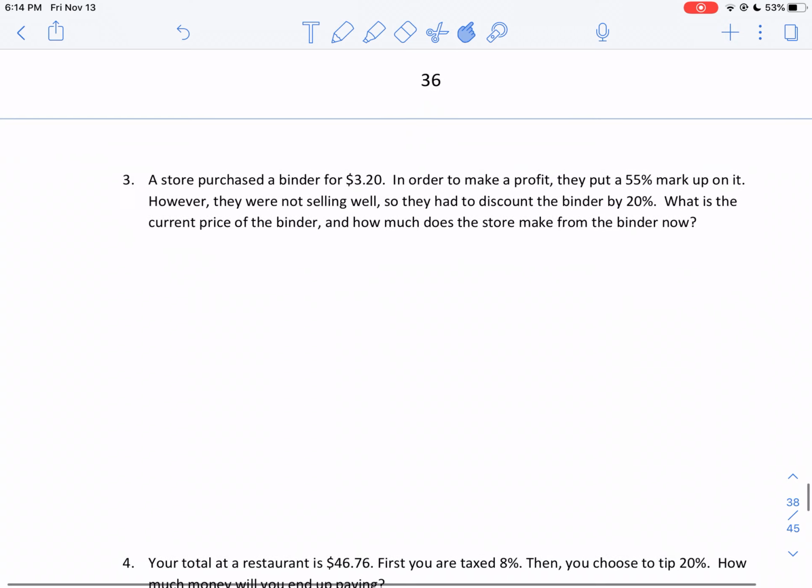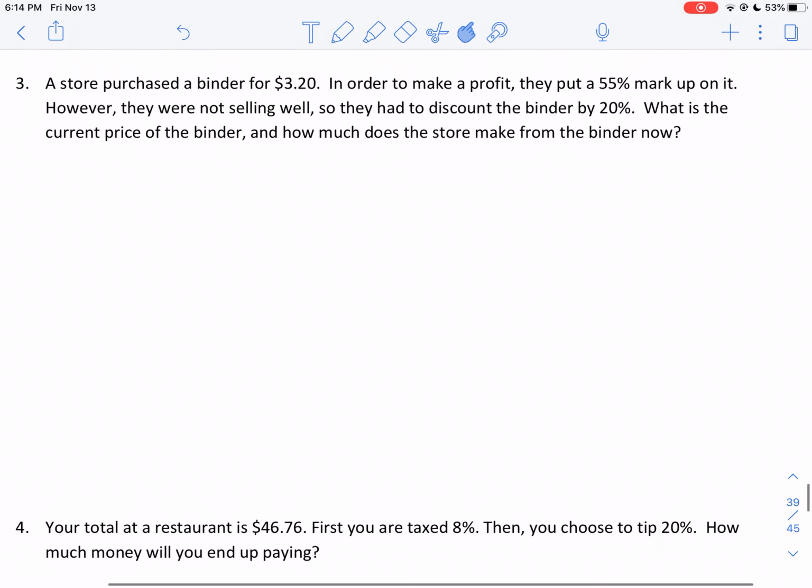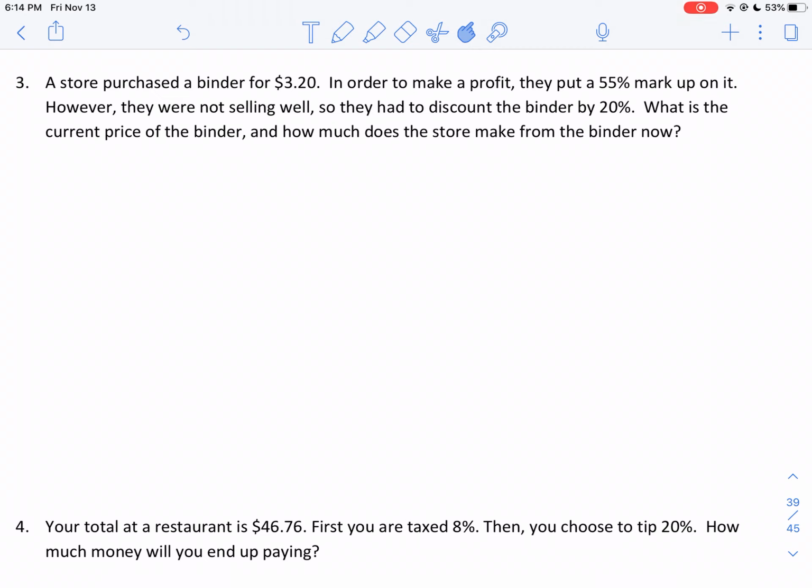So now we're at the top of page 37, and we're on example number 3. A store purchased a binder for $3.20. In order to make a profit, they put a 55% markup on it. However, they were not selling well, so they had to discount the binder by 20%.